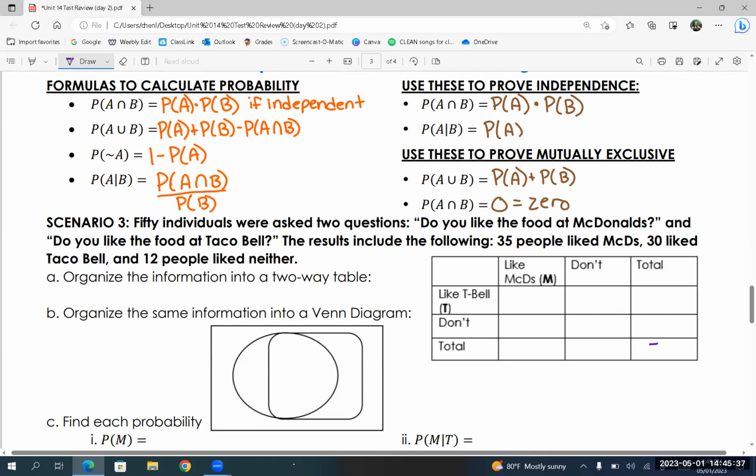So we know that 50 total people were surveyed, because they told us that in the beginning. Then they said that 35 people like McDonald's, 30 like Taco Bell, and 12 people didn't like either. To figure out these values, we can use addition or subtraction. If 50 total people were surveyed and 30 of them liked Taco Bell, that meant 20 of them did not like Taco Bell.